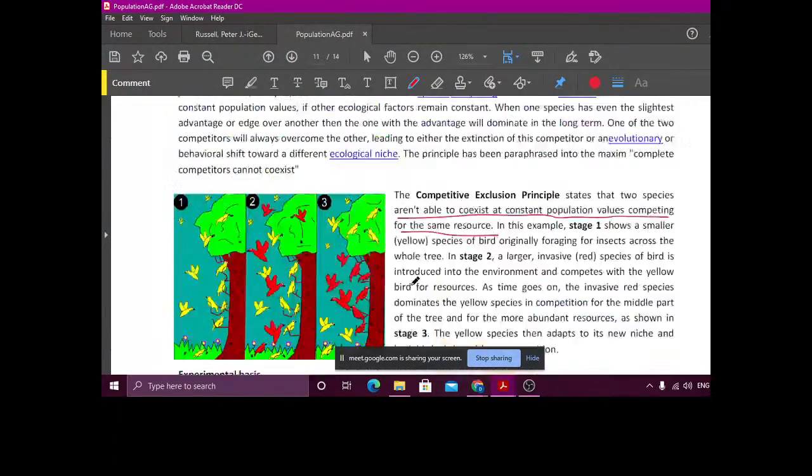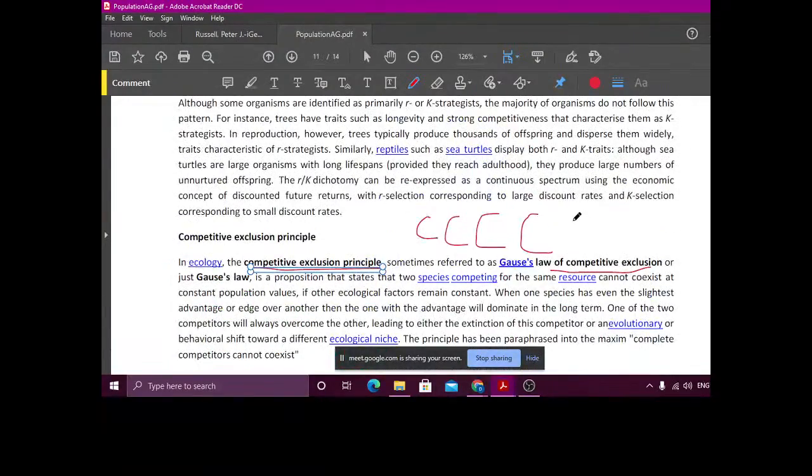When niche segregation takes place, I will explain that in my next class. Now, what is niche segregation?